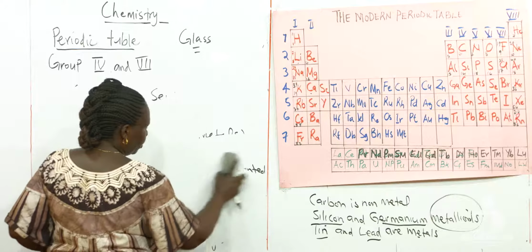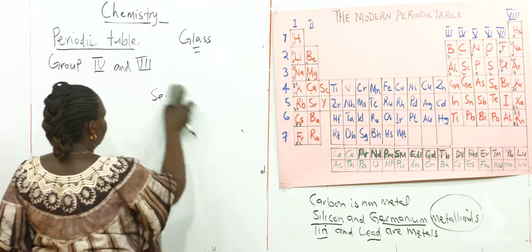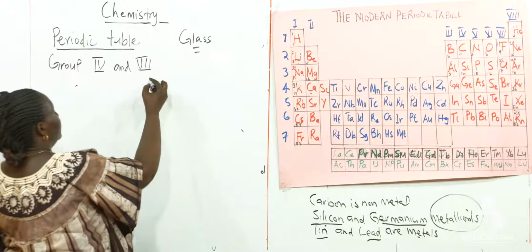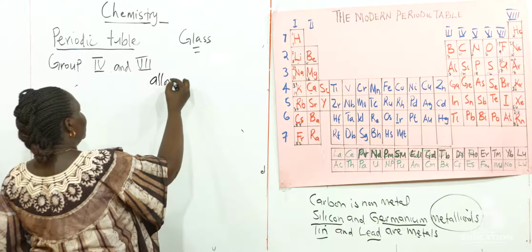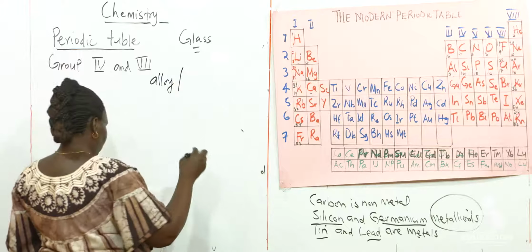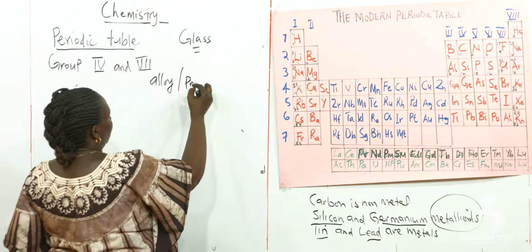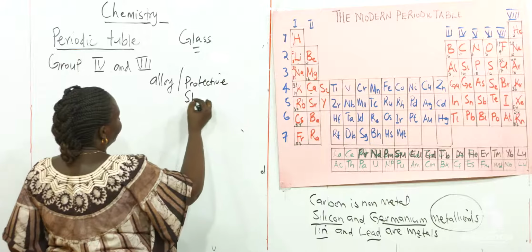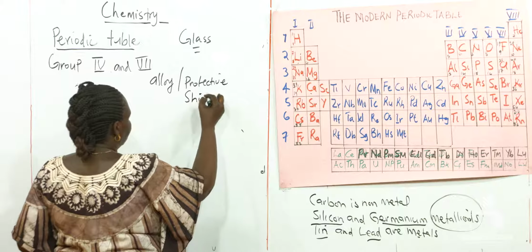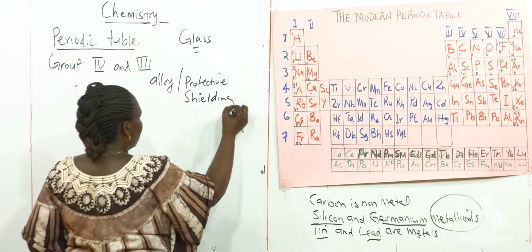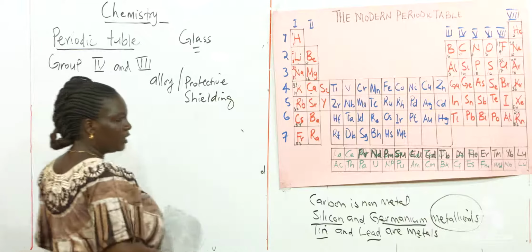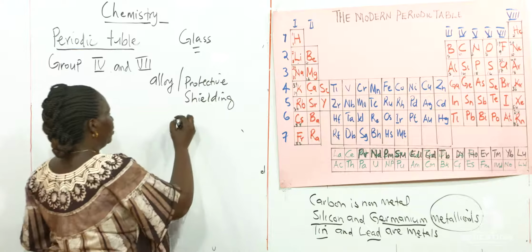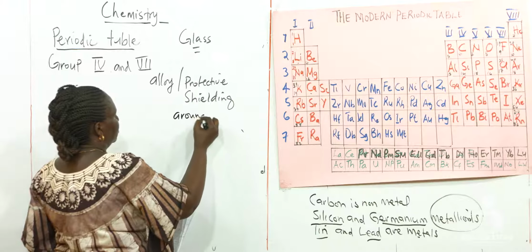As I mentioned, lead has got a low melting point. It is used in making alloys, and these alloys are used for protective shielding, that is a protective material, a cover around nuclear reactors.